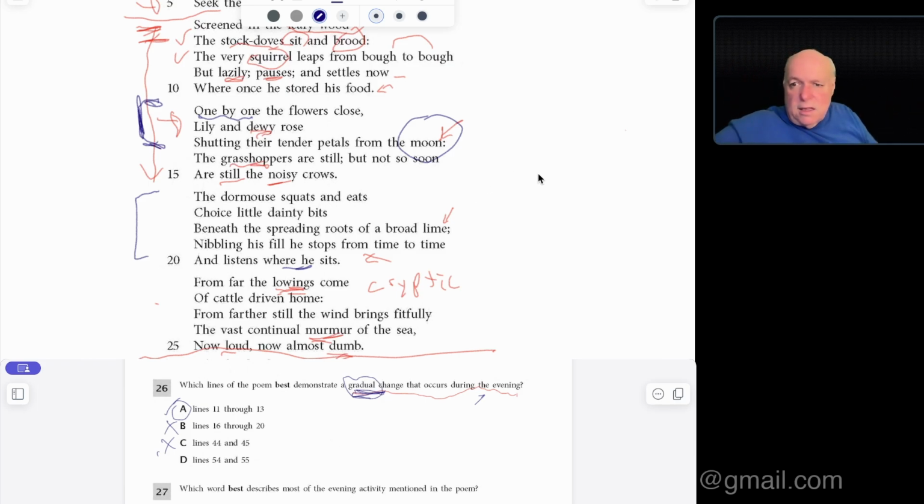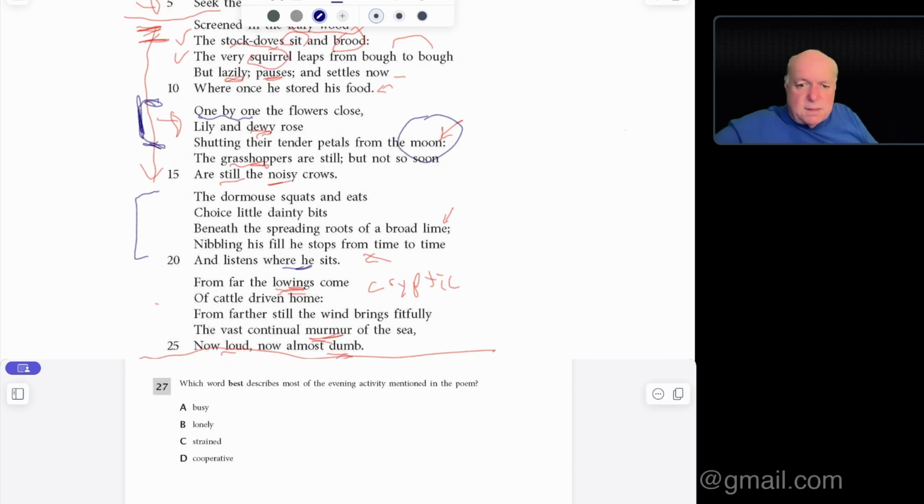All right. And then 22, and let me just make sure this is lined up. Yeah, it is. Wait, where am I? 22. Sorry, 27. Which word best describes most of the evening activity mentioned in the poem?